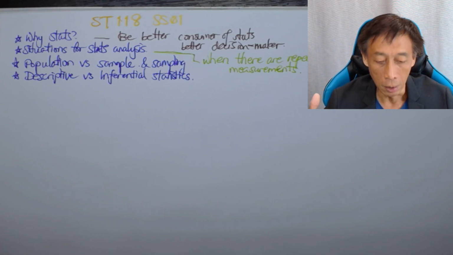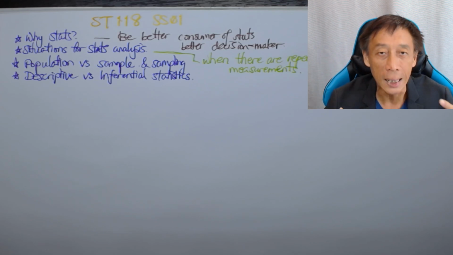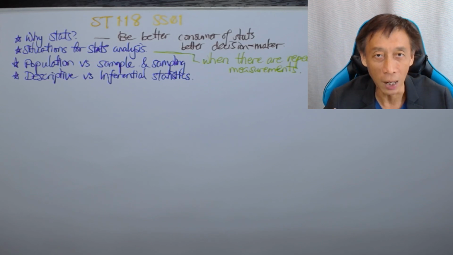Well, for a start, we can talk about height, weight, right? So the height of every person at this point in 2025, let's say, at this point in each person's life, what's the height of each individual across all the individuals in Singapore? So that's the idea of repeated measurement.